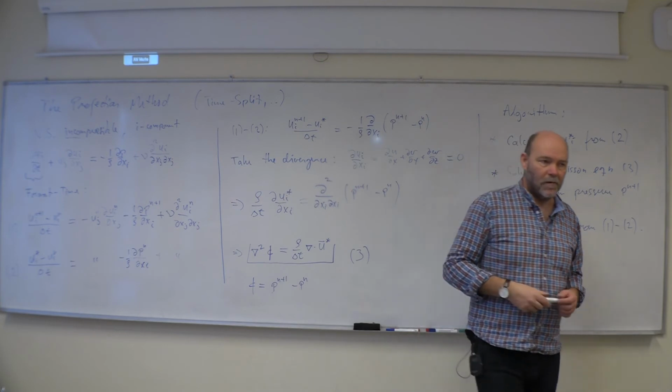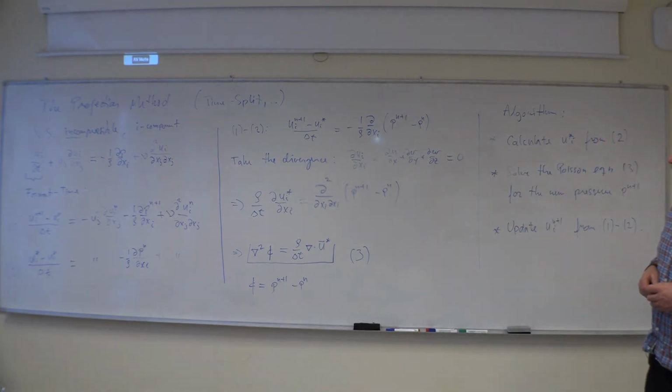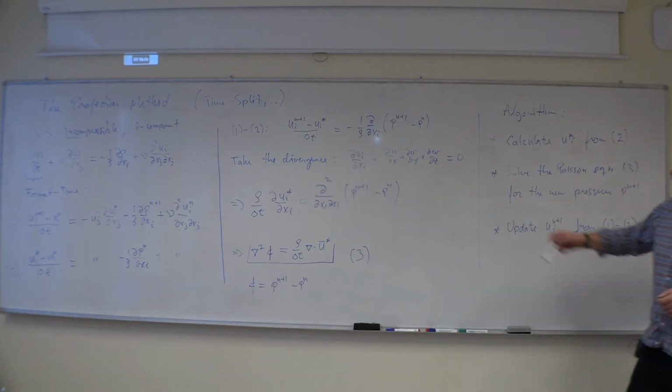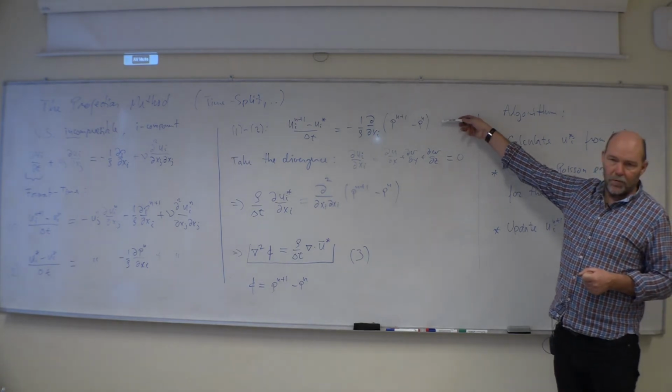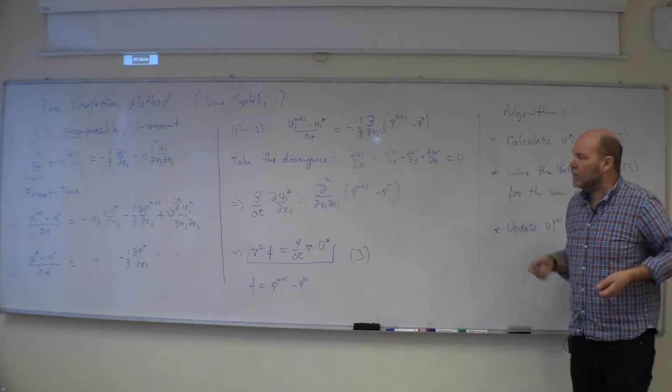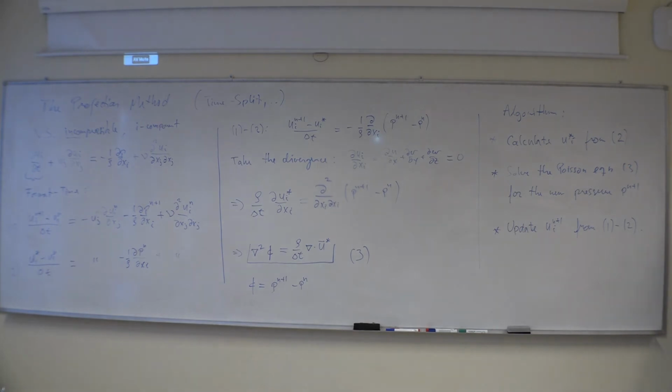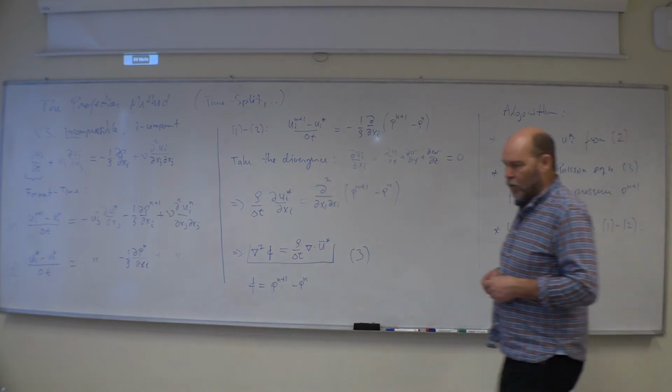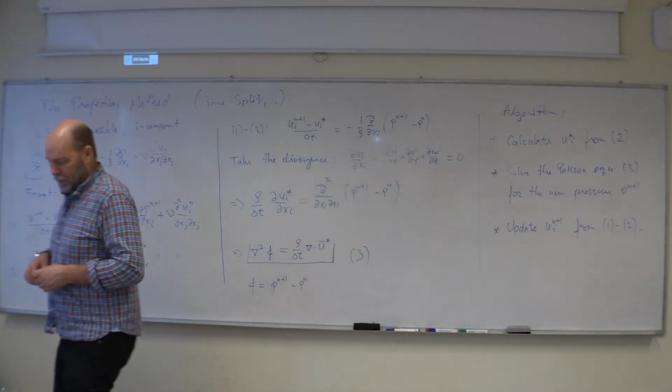That was the trick. Of course we had to use the continuity equation, since at this point we have one equation with two unknowns. We need another equation. It's only continuity left. So this is the basis that we are going to continue with, fighting the Navier-Stokes in this way, solving it with the projection method.